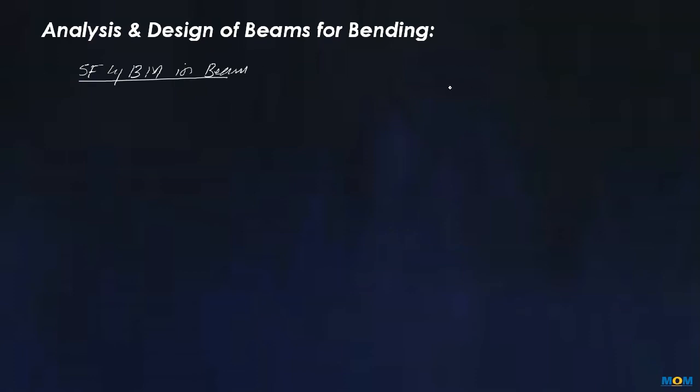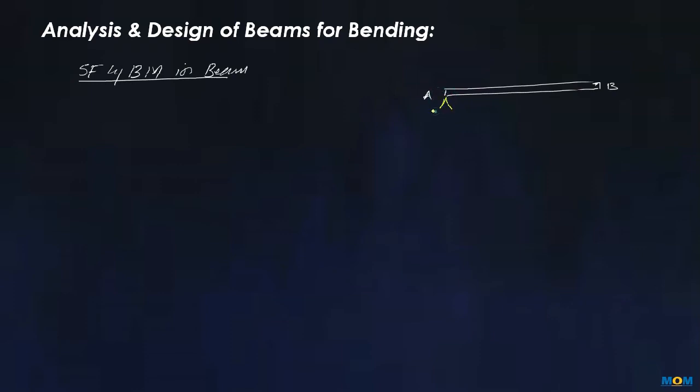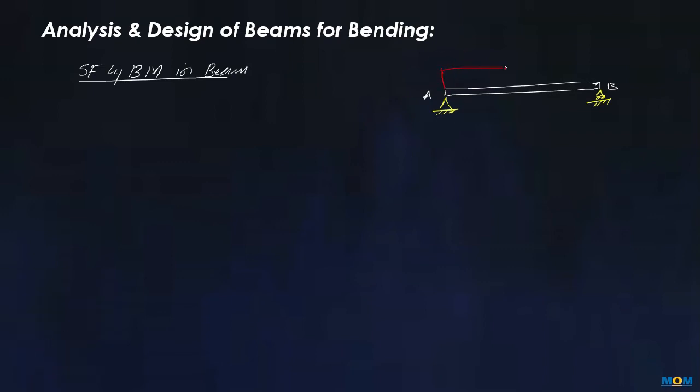Now let's suppose we have a beam AB, a simply supported beam, means one end is supported by the pin support and the other end by roller support, subjected to a uniformly distributed load omega. The length of the beam, let's put L.